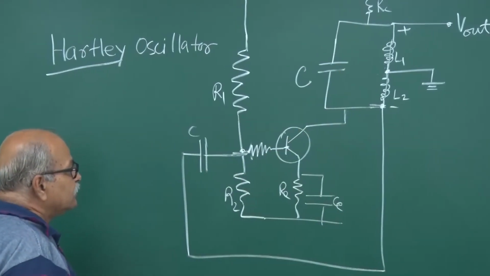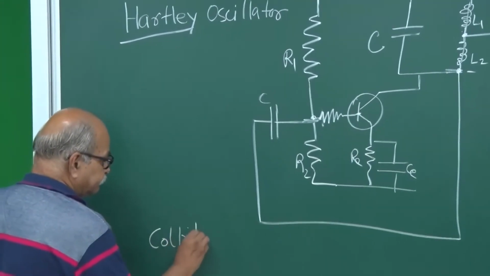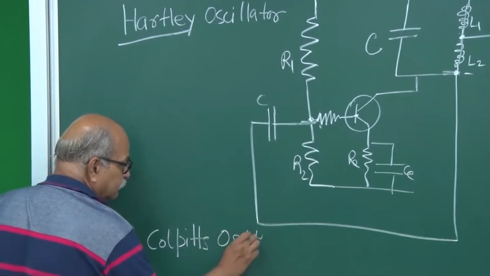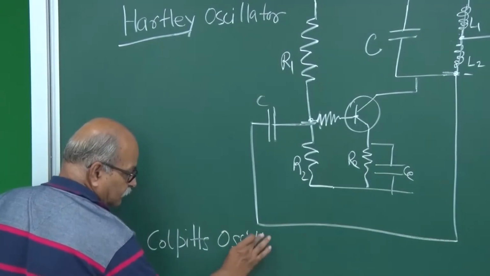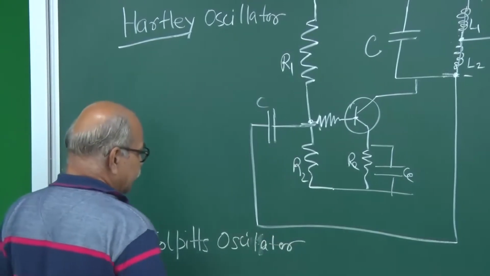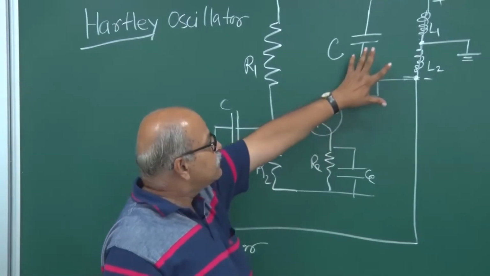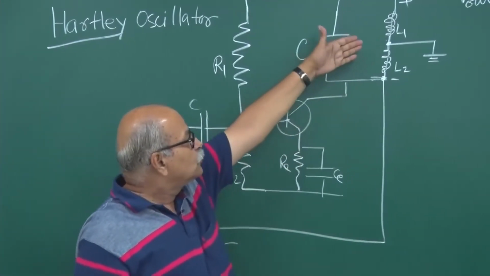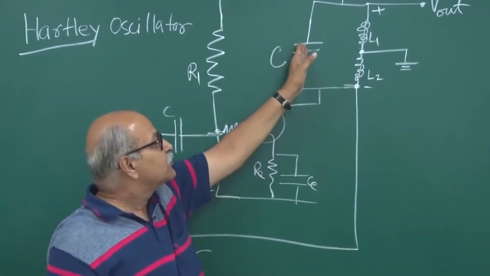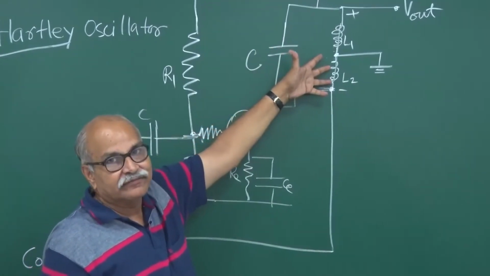Closely related is the Colpitts oscillator. So once again the same story. The only difference is that instead of two inductors and one capacitor, this circuit will have one inductor and two capacitors.